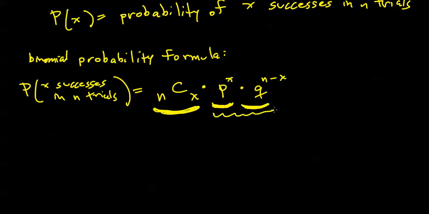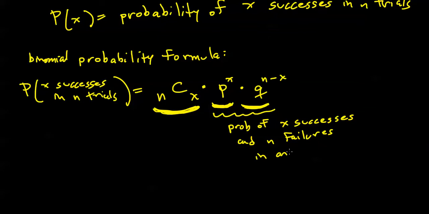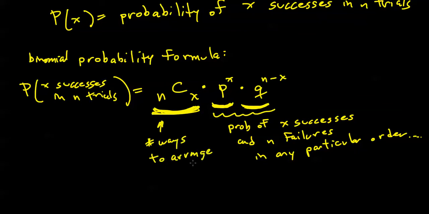So I can look at this portion of the formula as the probability of x successes and n minus x failures, really in any particular order, because multiplication is commutative. And this n choose x, or n combine x, is the number of ways to arrange x successes and n minus x failures. Now don't panic.